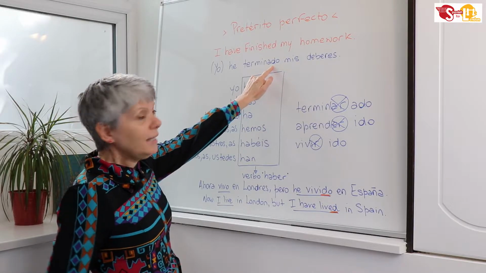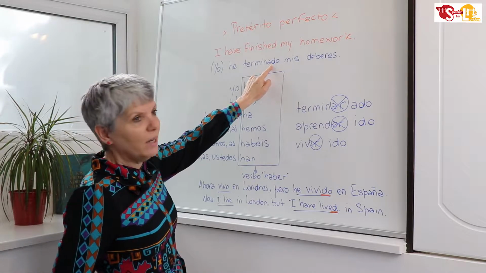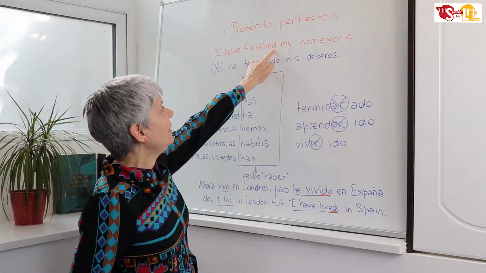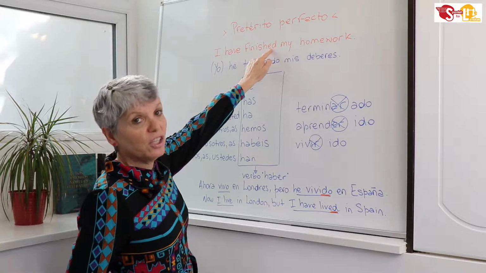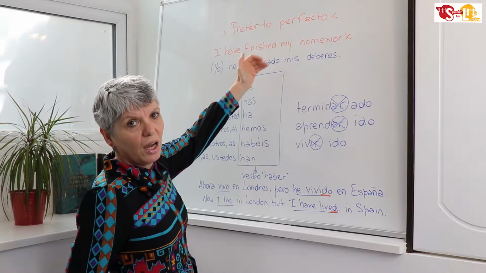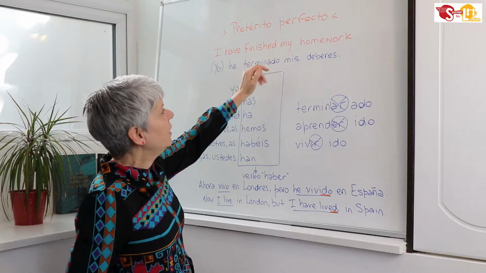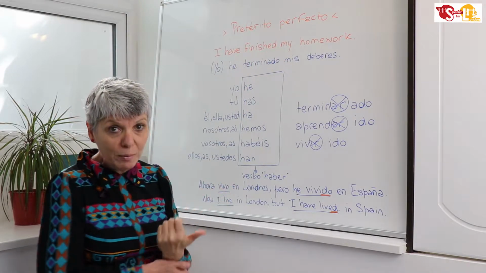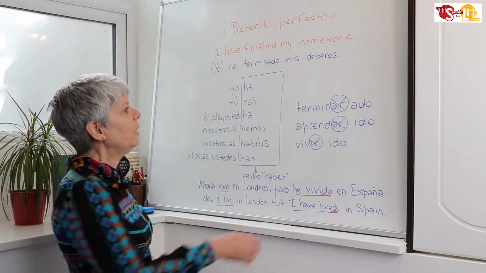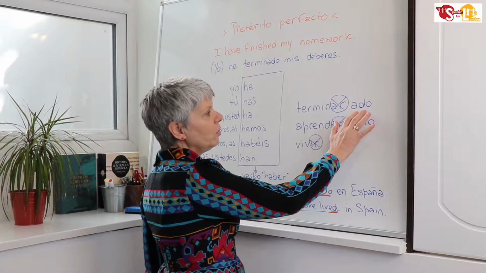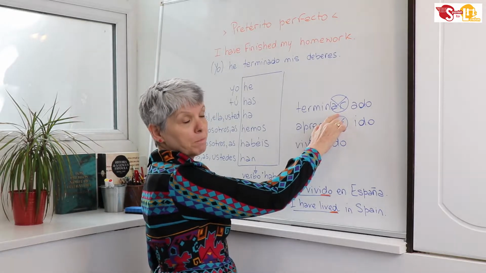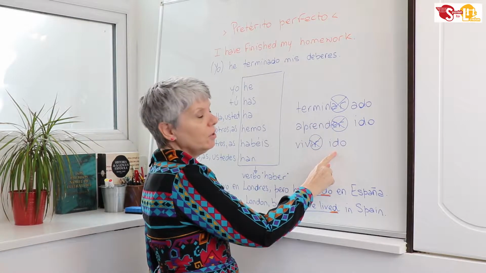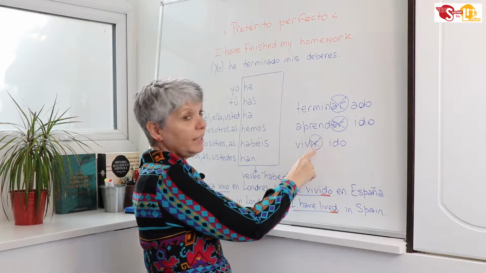Okay, in English, when this form is regular, the ending is ed. Do you see? I have finished, I have worked, I have walked, etc. So in Spanish, when this form is regular, the equivalent to the ed form ends with ado for verbs ending in ar, or in ido for verbs ending in er or ir.